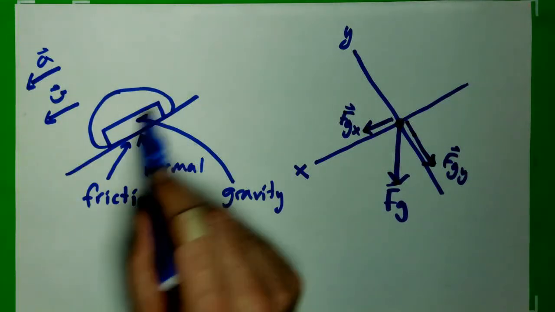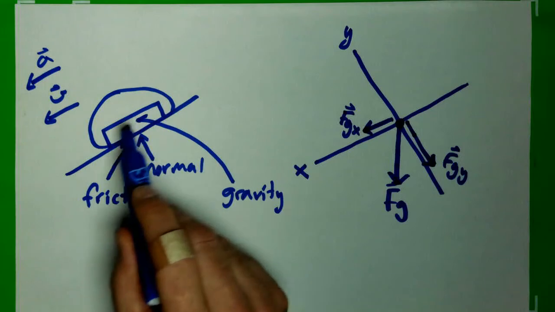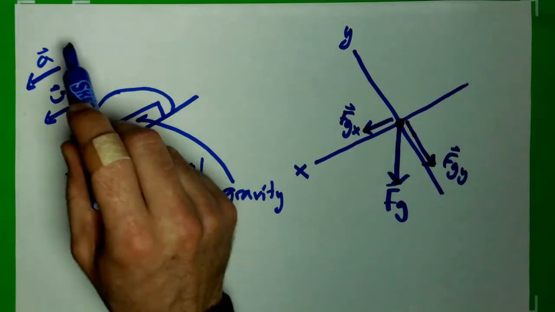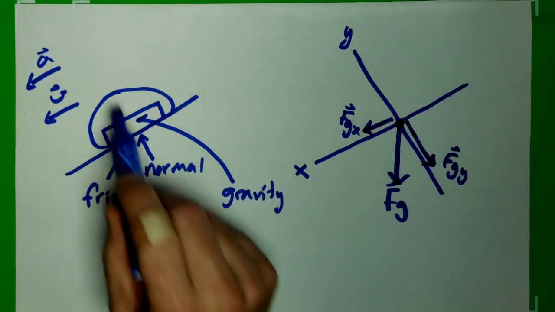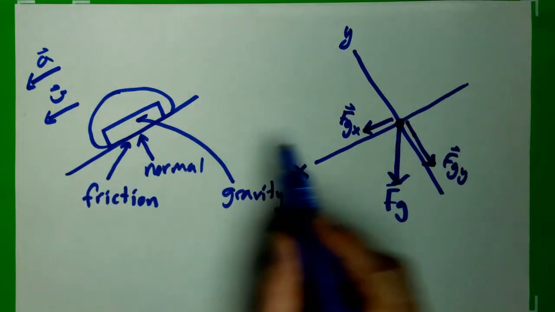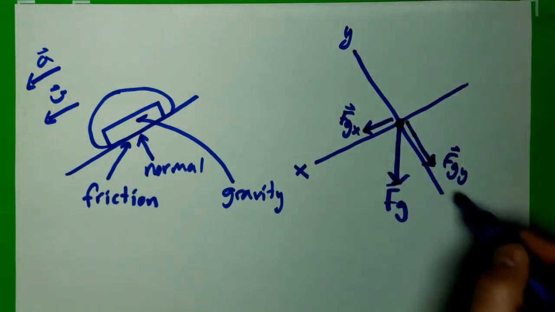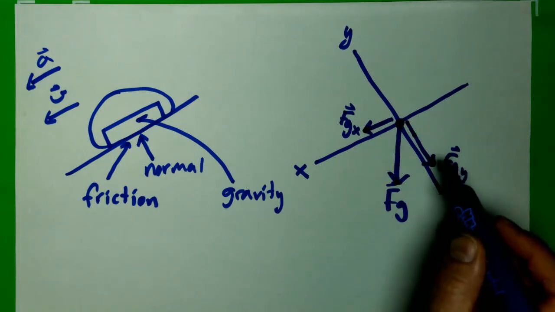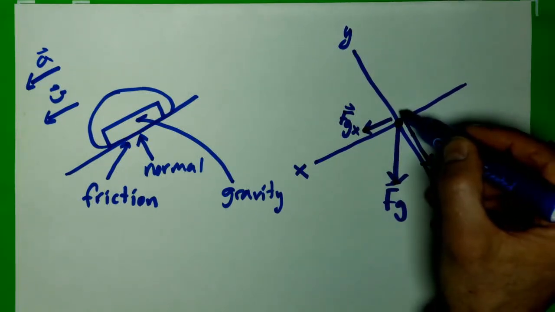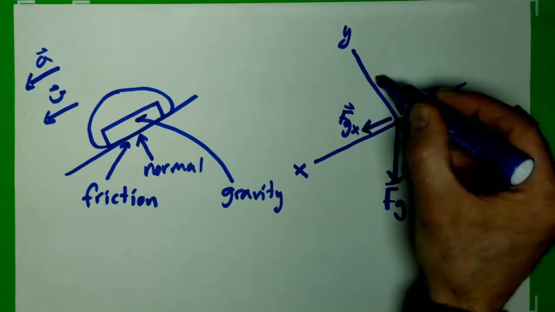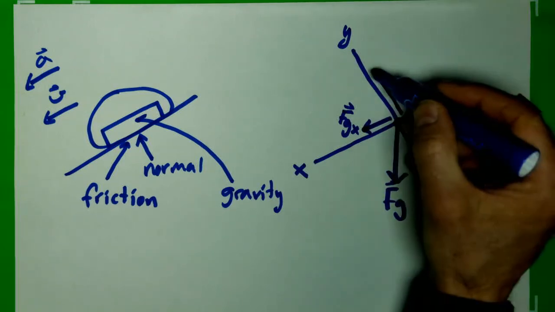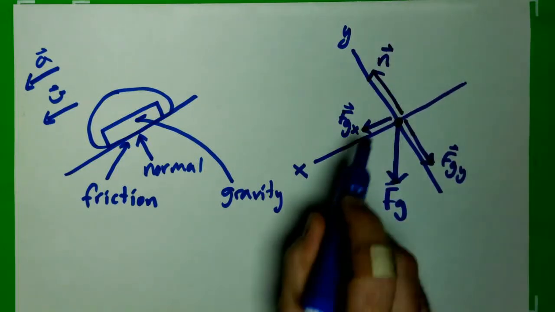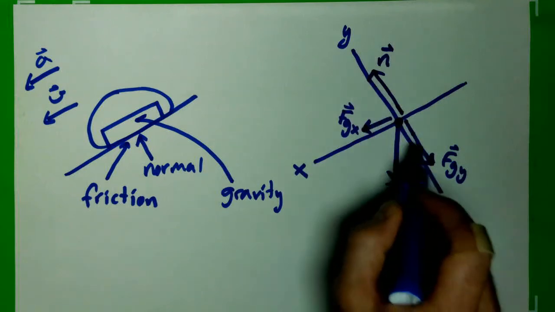No. It's constrained to move along the interface, so there's no acceleration in and out of the plane, which means there should be no acceleration along my y-axis, which means there should be no net force, which means the normal force should be equal to this y component of gravity. So I can draw that to be the same length as that one.